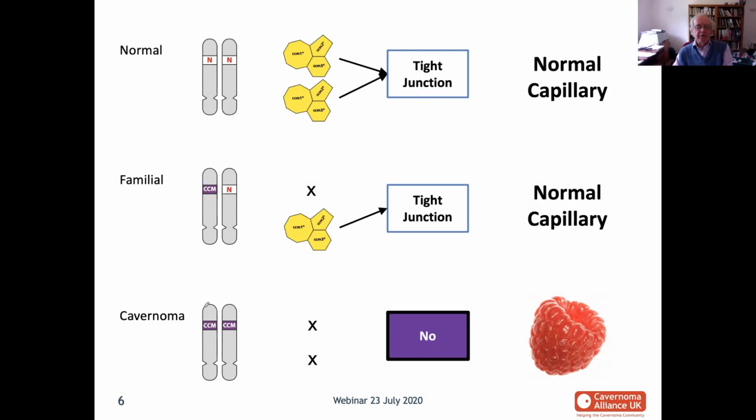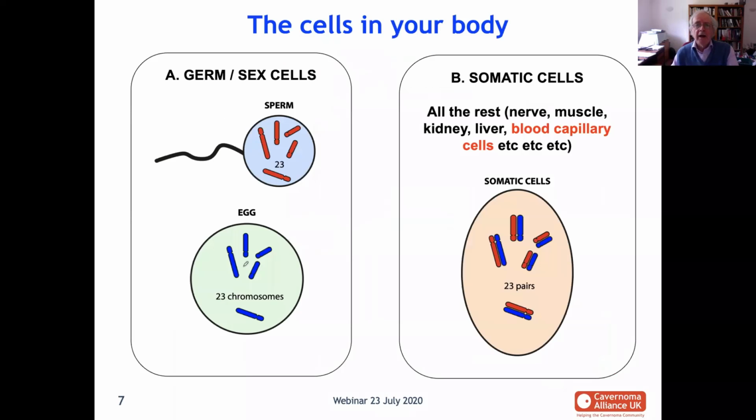So in order to understand how we go from having one of these to having both, we have to digress slightly. So second digression. And this talks about the cells in your body.